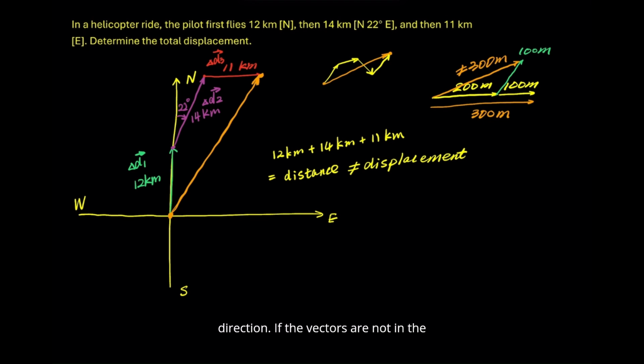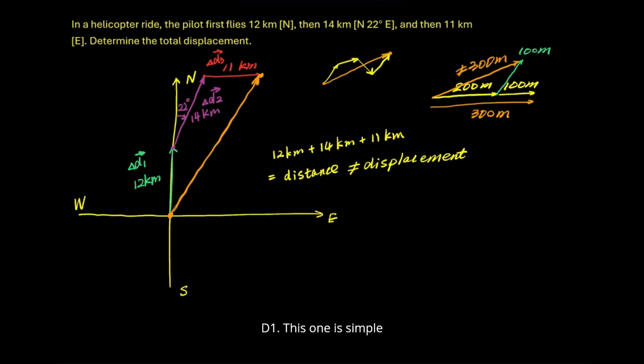So you can only add them up by their lengths if they are pointing in the same direction. If the vectors are not in the same direction, our strategy is to break down each of these vectors into its horizontal and vertical components. Once we have those components, we can easily add all the horizontal components together and all the vertical components together. We can handle them separately. Let's start by breaking down the first vector, delta D1.